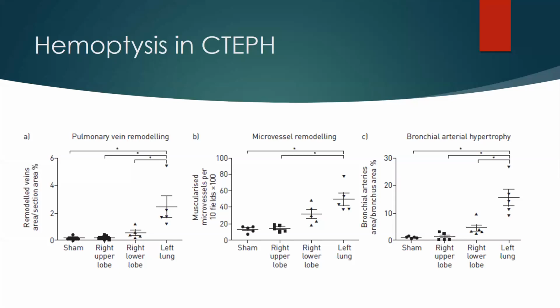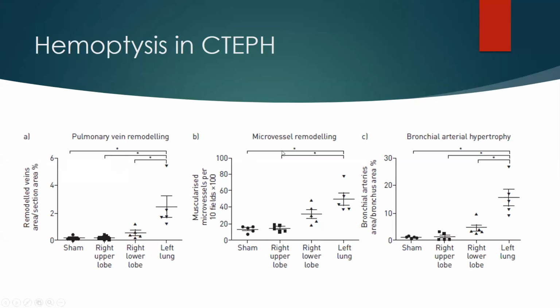Okay, so just a little bit more about hemoptysis. I thought this was interesting. This was a retrospective review of lung histology in patients with persistent PH after endarterectomy, those patients who had more distal disease and got transplanted, and they looked at their vasculature. They compared these patients in this study to a CTEPH model in platelets.